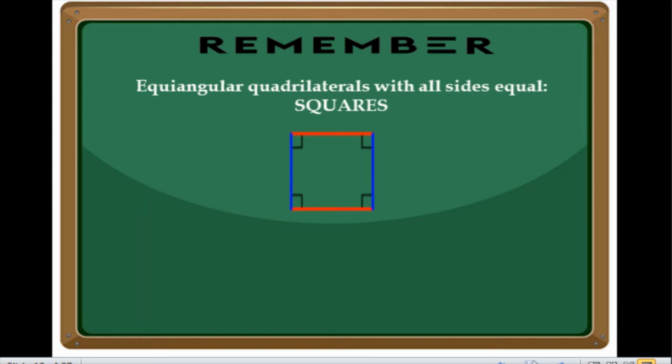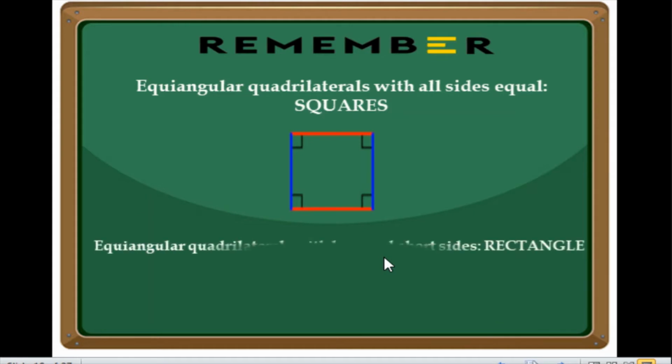How about the next one? Everybody read, please. Equiangular quadrilaterals with long and short sides are what we call rectangles. This is how a rectangle looks like.